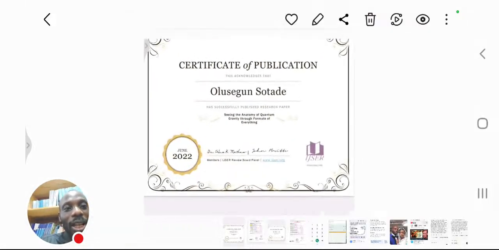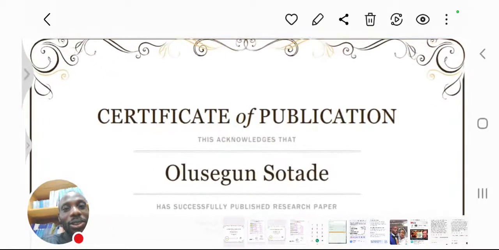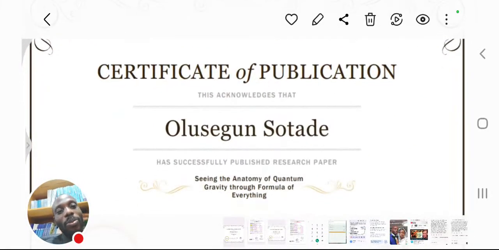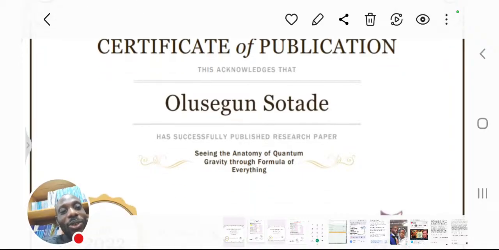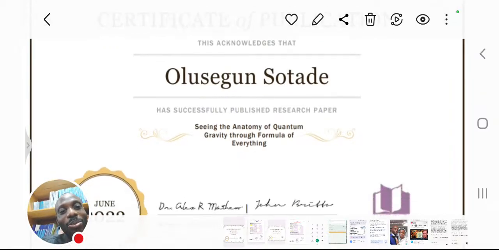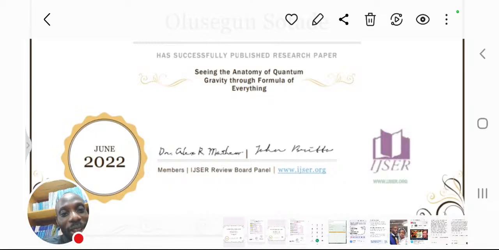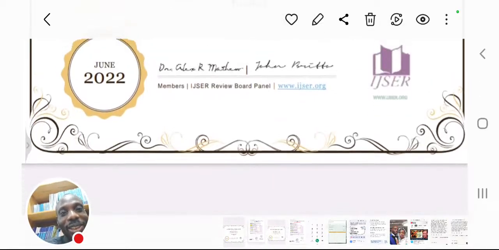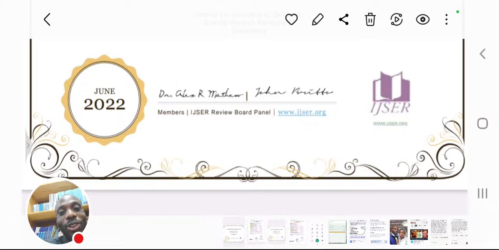Then I want to show you this, which is certificate of publication. This acknowledges that Olusegun Shotade has successfully published a research paper, Seeing the Anatomy of Quantum Gravity Through Formula of Everything. You can see that June 2022.